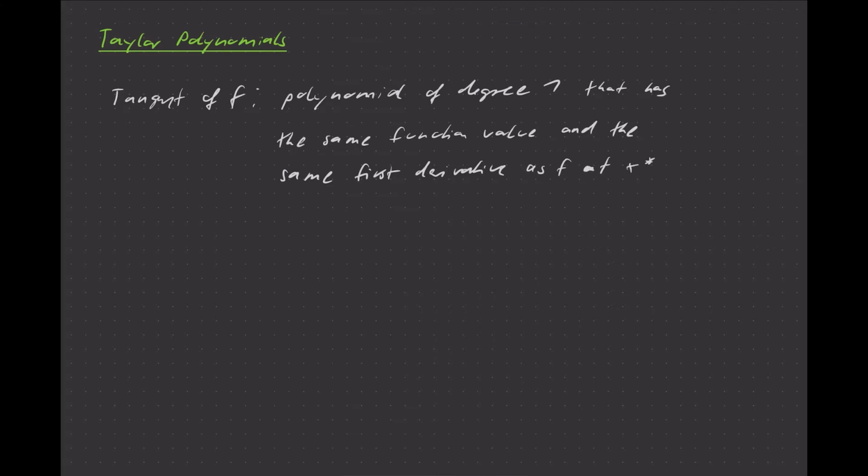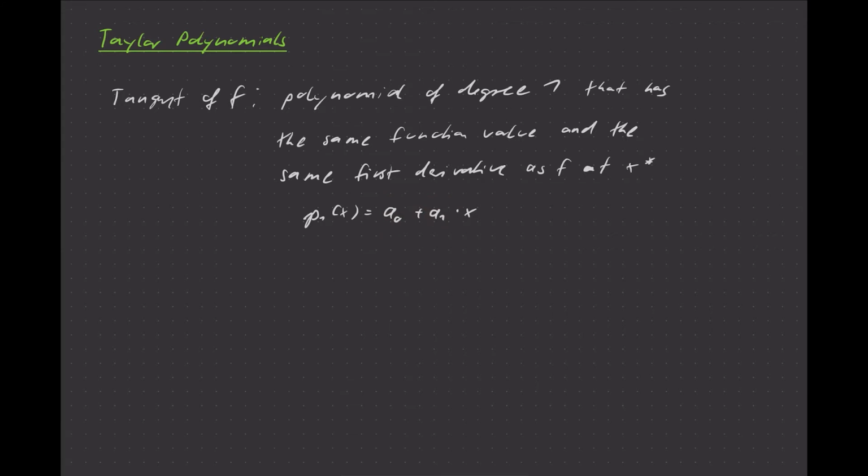And of course, a general polynomial of degree 1 is given as some constant a0 plus a1 times x. So basically, we have two constants, a0 and a1, that we want to determine.